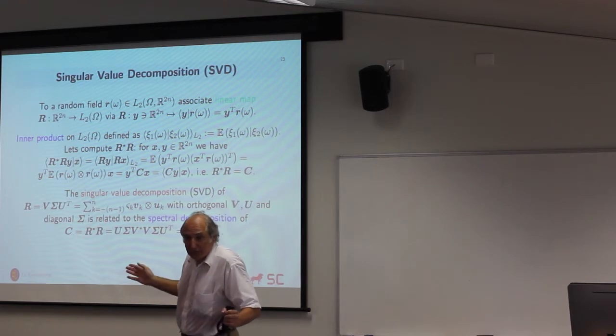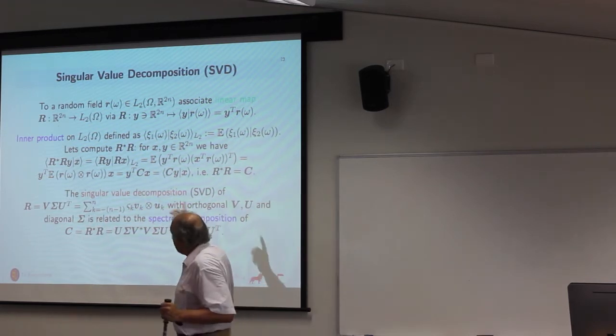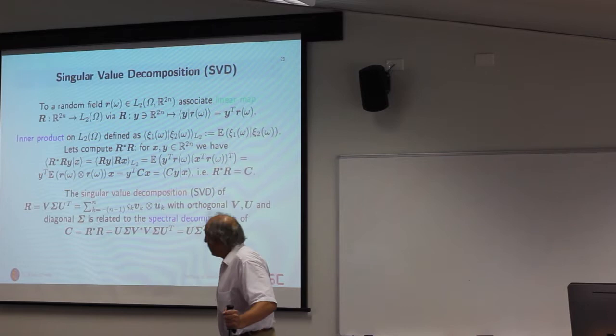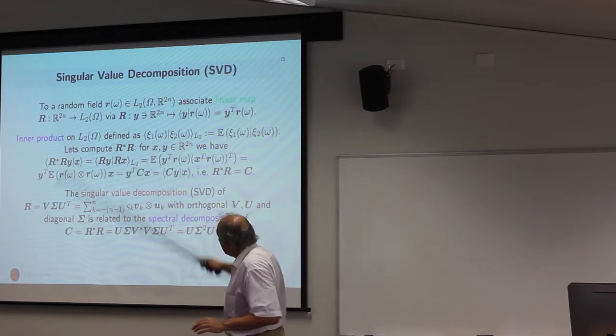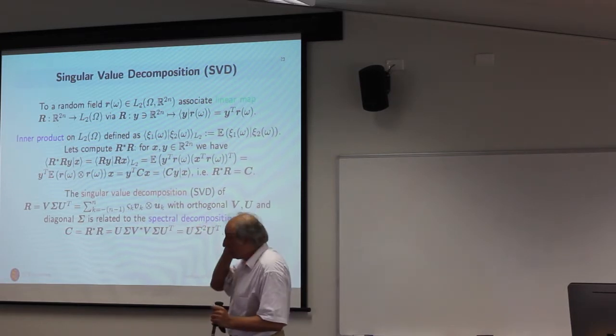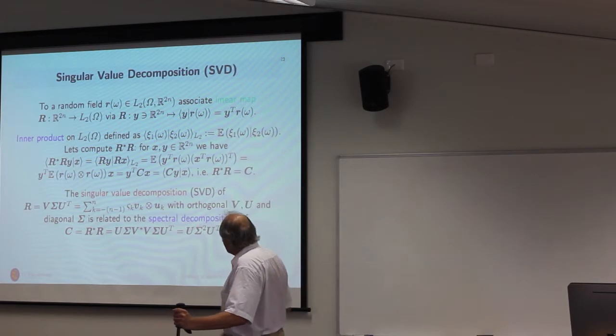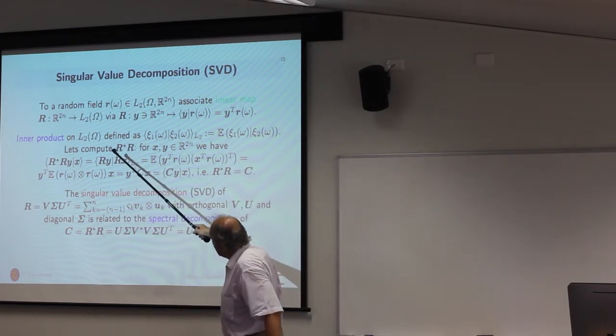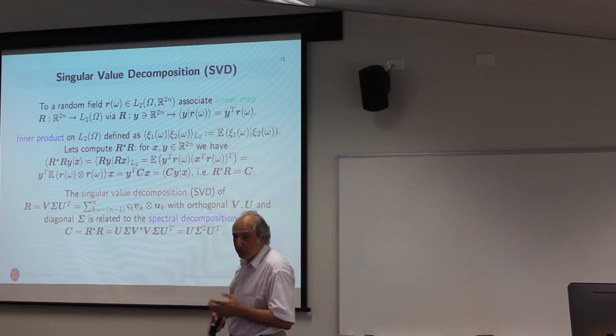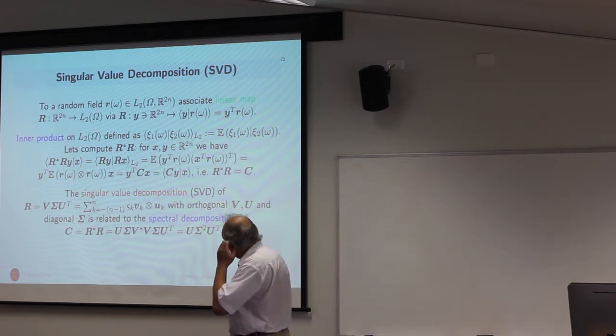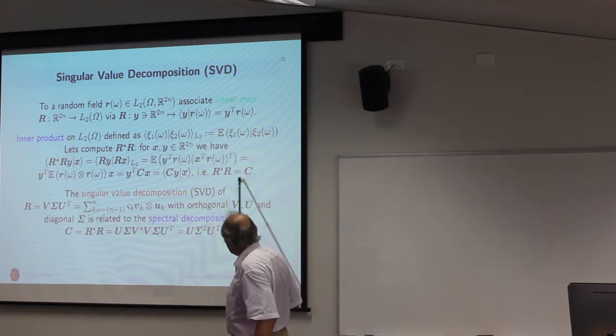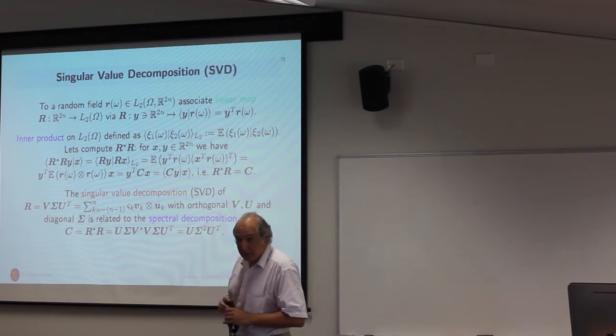Okay? That's the scalar random variable. And that's a linear map, obviously. And that's a linear map between two Hilbert spaces. Okay? And then we can compute R star times R, or R transpose times R. That's what I had before. And that guy's called the covariance. Okay? So this is what it is.